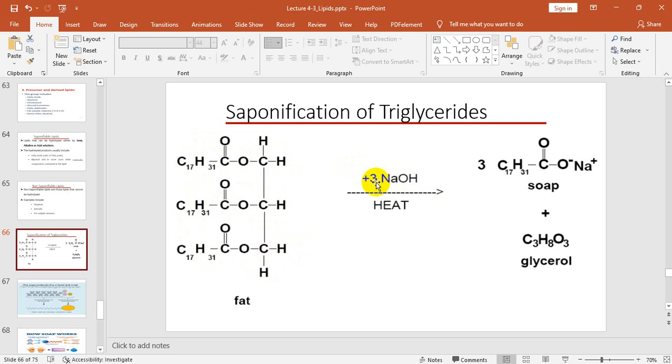So when we feed this reaction with 3 molecules of sodium hydroxide and add heat, we are going to break off all these 3 fatty acids. So in the end we'll have 3 fatty acids, but the sodium will join like this.